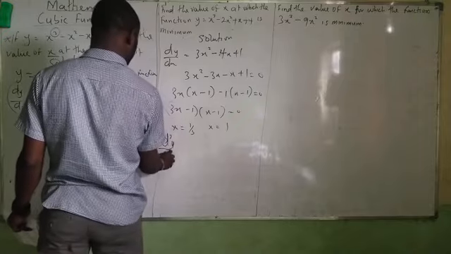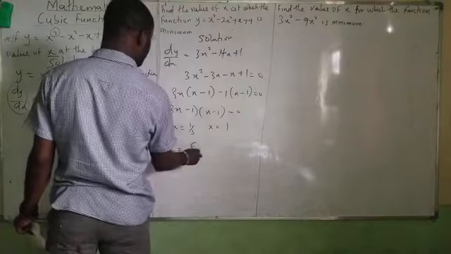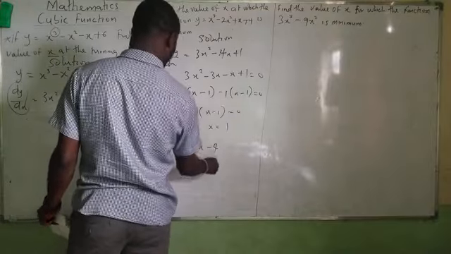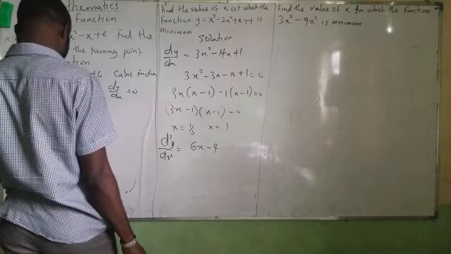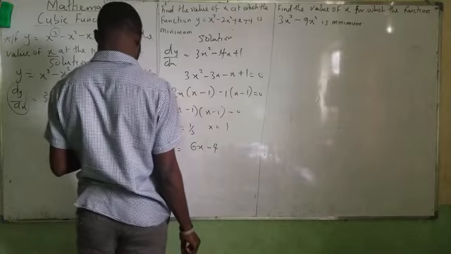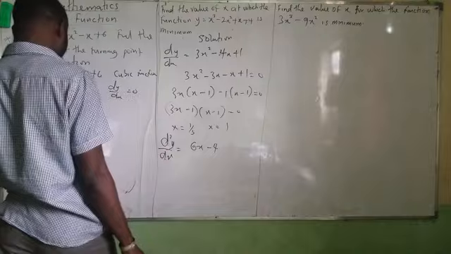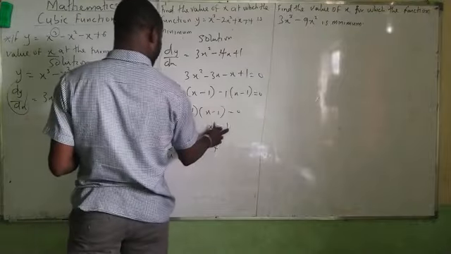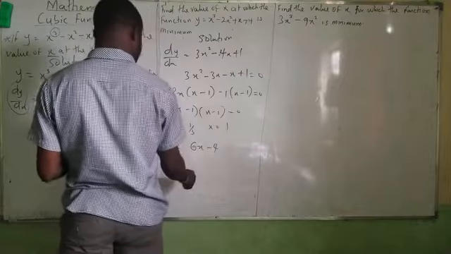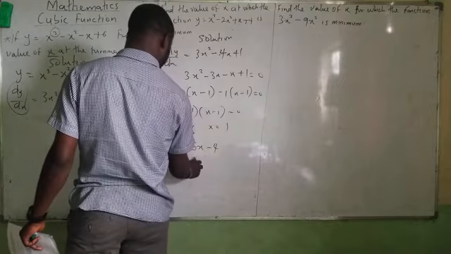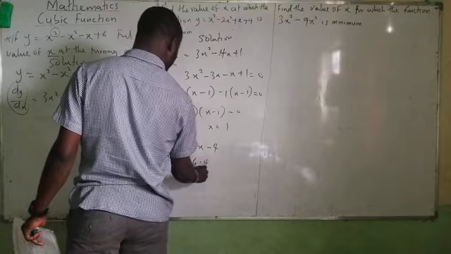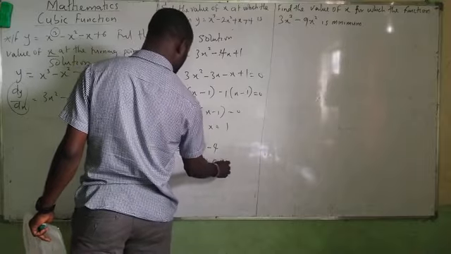Now, I can continue by having d squared y over dx squared equals 6x minus 4. Is this 6x minus 4? Yes. Now, at x equals 1, I'll have 6 minus 4, which gives 2.